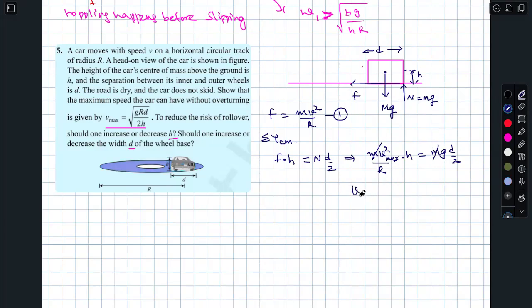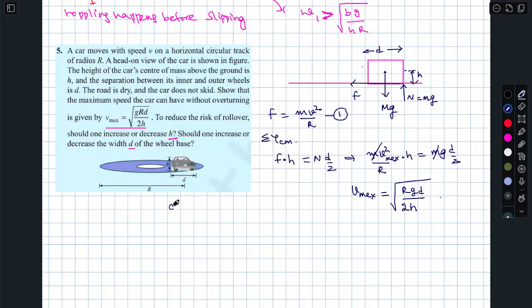So what you got, v maximum is equal to the square root of r g d by 2h.